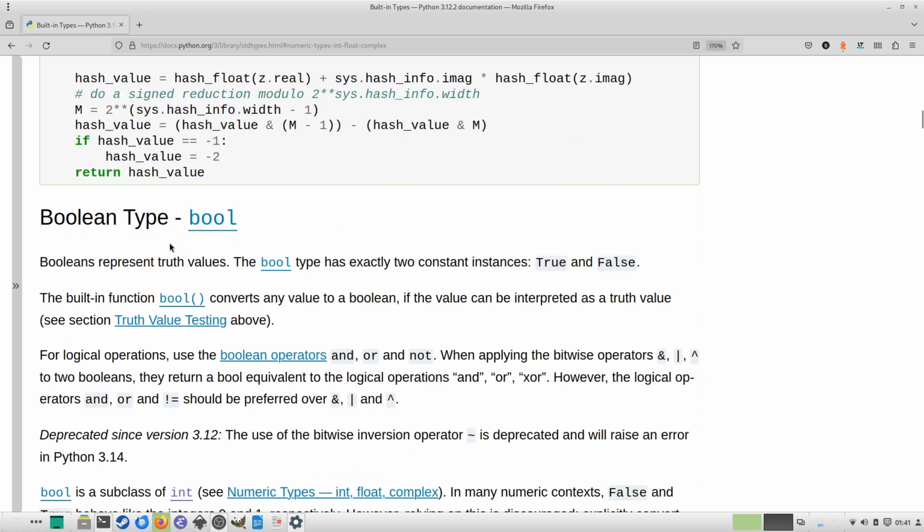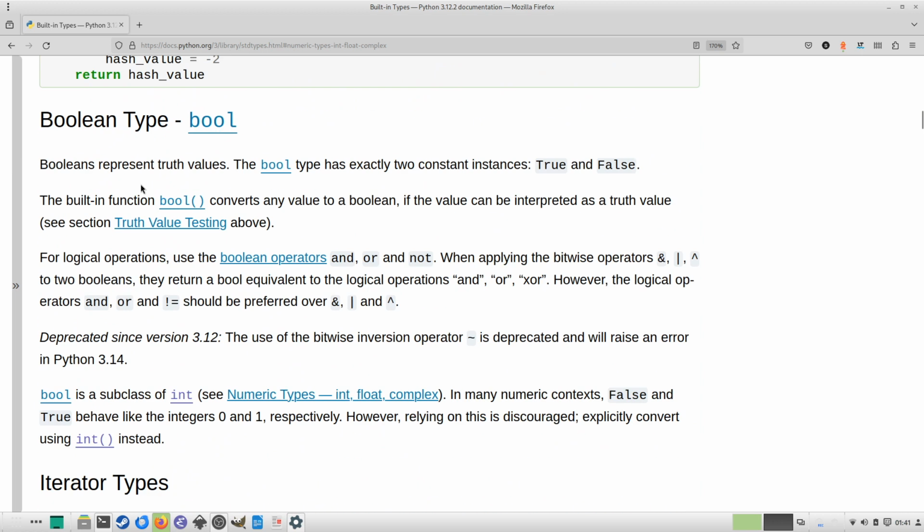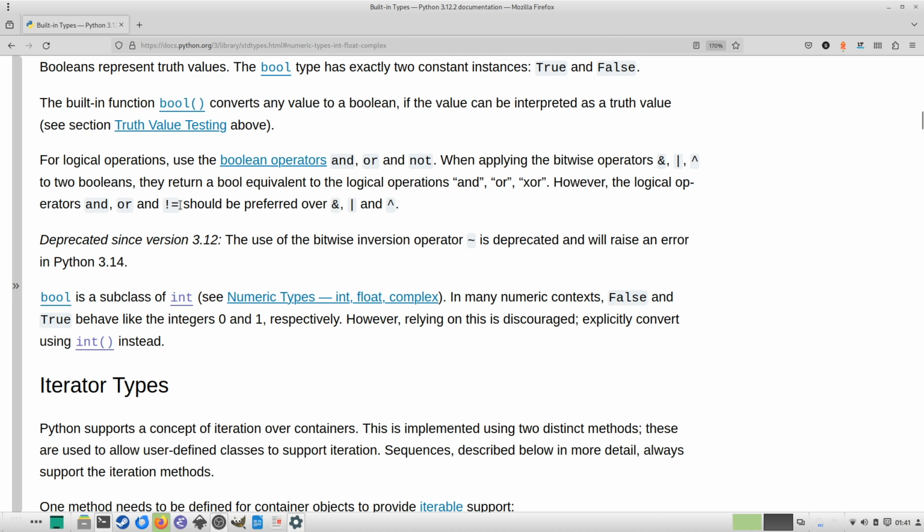So now we look at Boolean types. Booleans represent truth values. The bool type has exactly two constant instances, true and false, which we have seen in built-in constants. The built-in function bool converts any value to a boolean if the value can be reinterpreted as a truth value. Truth value testing we have already studied, where we have studied what values qualify as false.